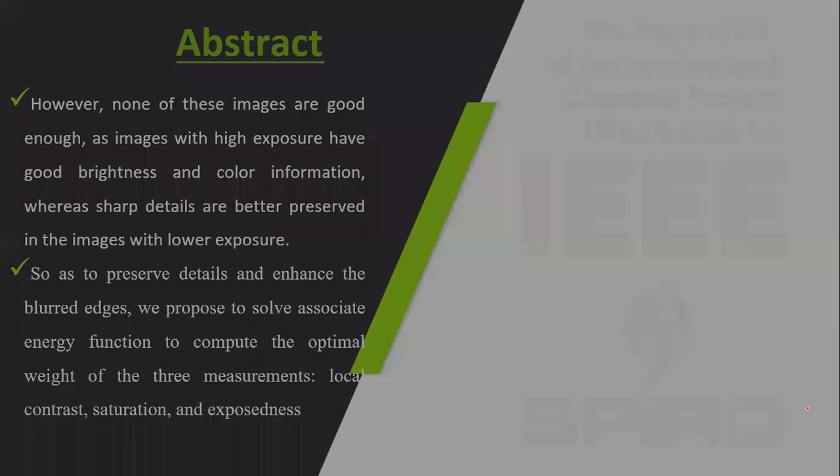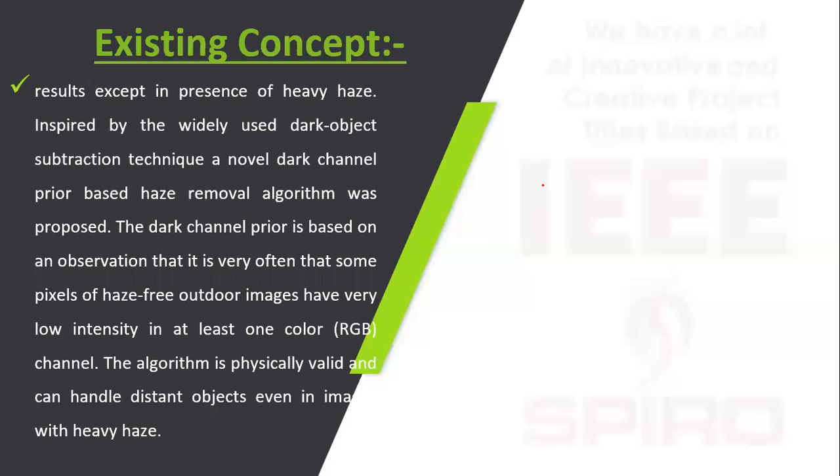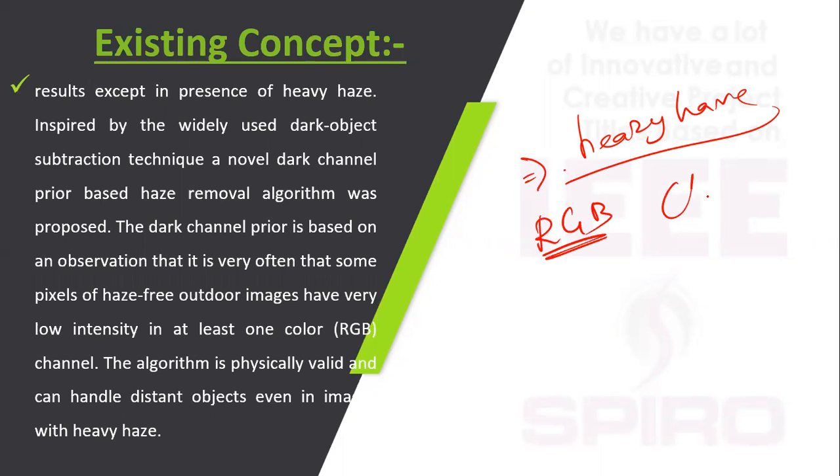And next, in existing work, they used different models, for example the AVAS model, to remove the exposures. For example, here the AS3 model they used in the RGB channel. They separate the RGB channel.